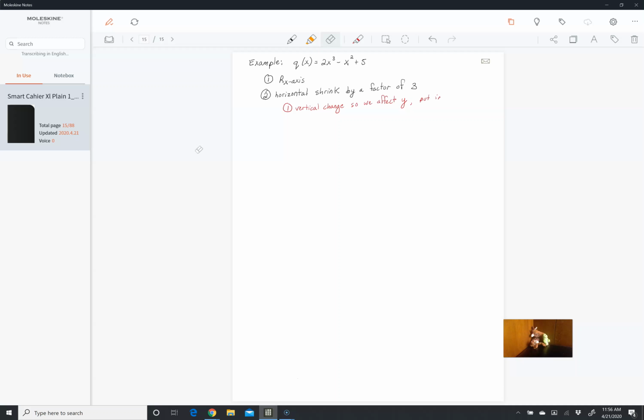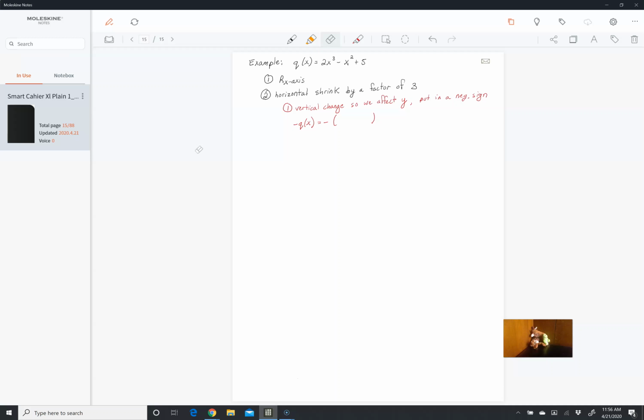I'm saying put in a negative because I don't want you to think that we're doing plus minus. So this is saying that it's negative q of x. You take your whole function, put it in parentheses, and you put a negative sign in front of it. So notice what we did. It's a vertical change. So I put in parentheses. That's where our function is going to go. And then whatever we have to do, whether it's adding, subtracting, multiplying, dividing, it's going to go outside of there.